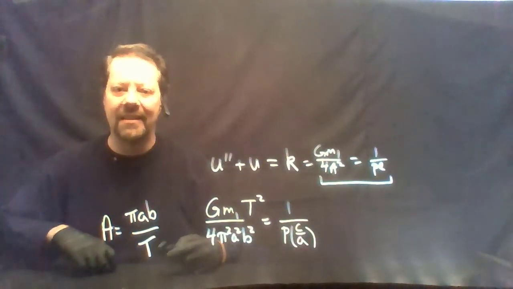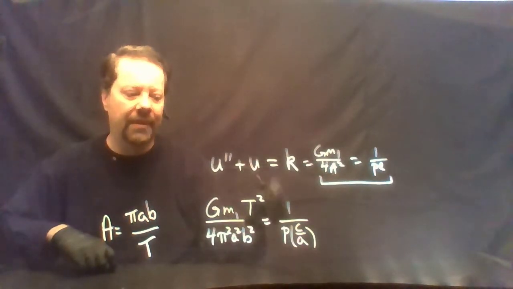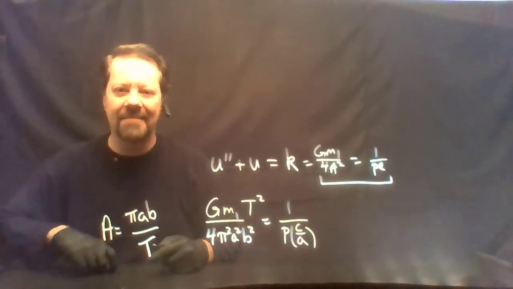The eccentricity is the distance from the center to a focus divided by the length of the semi-major axis.